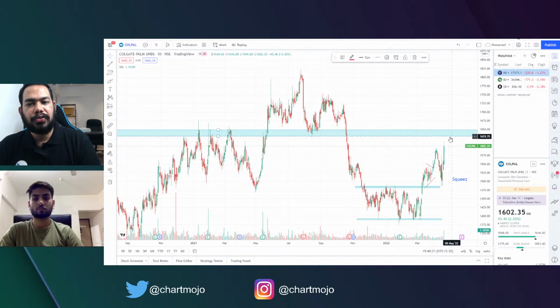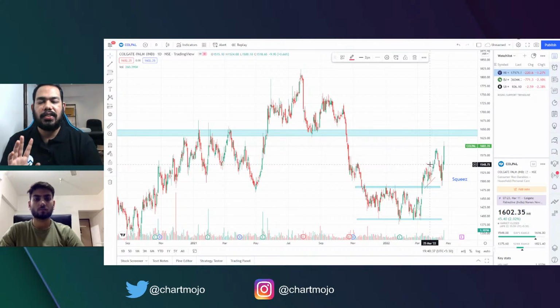It might pause for a day or two, and then again might give a right movement. So anyone who is holding this counter can continue to hold for trading as well as for swing, because we have discussed this particular stock.